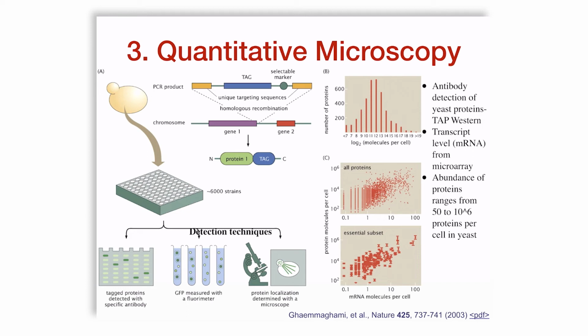So the most common abundance is 2 to the power 12, which is 4,096, roughly 4,000 molecules per cell.